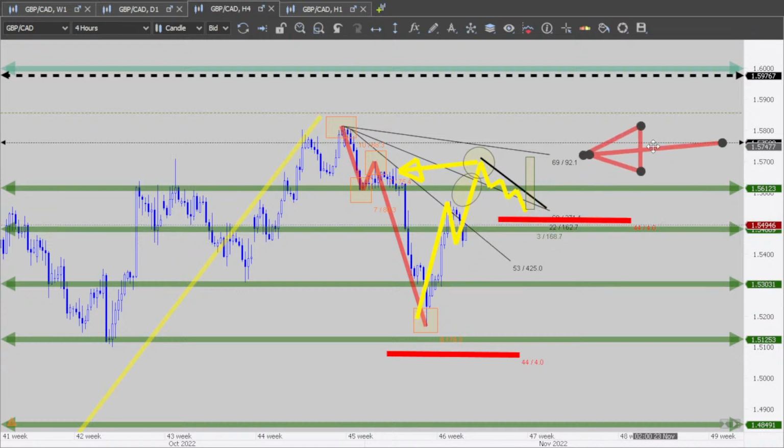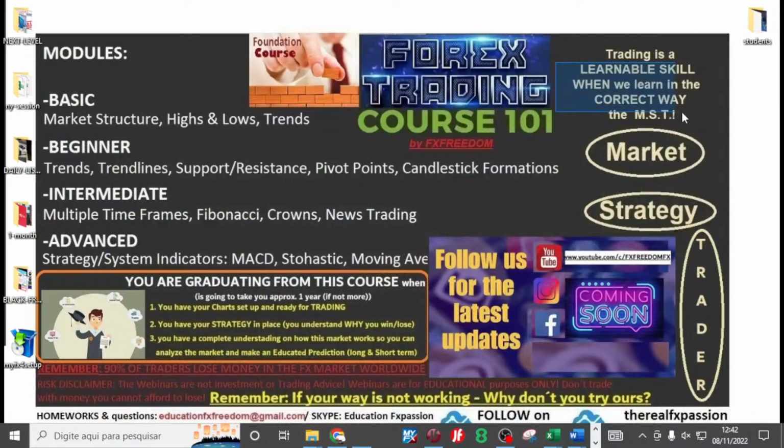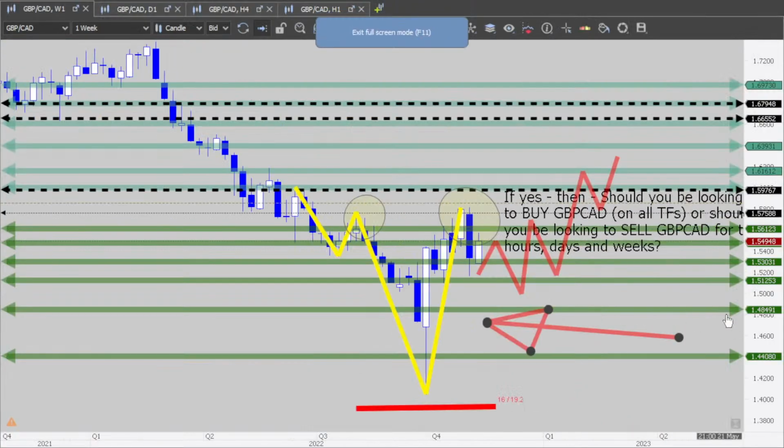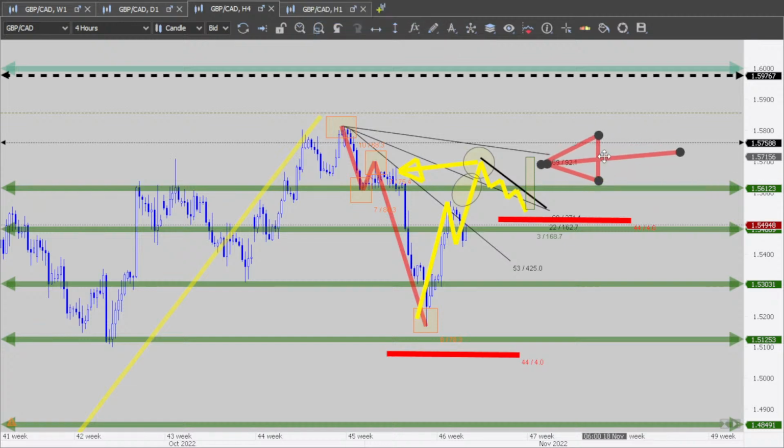And once you correctly enter, trading is a learnable skill when you learn in the correct way. Once you have entered correctly, if you mess up with the stop loss, you are not trading the weekly crown.